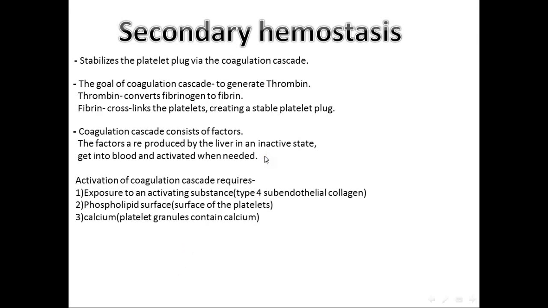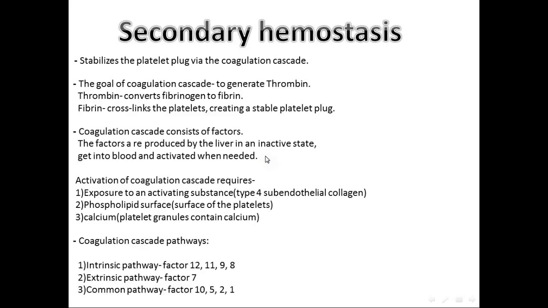Other activators also activate the coagulation cascade. Other things that are required for activation of the coagulation cascade are the phospholipid surface, which is basically the surface of the platelets, and calcium, which is found also inside the platelet granules, along with ADP and thromboxane A2.